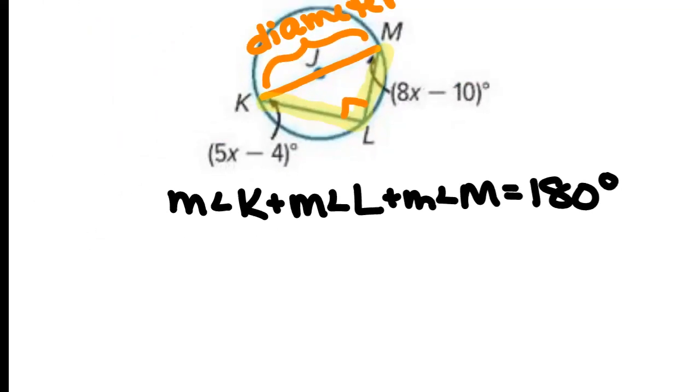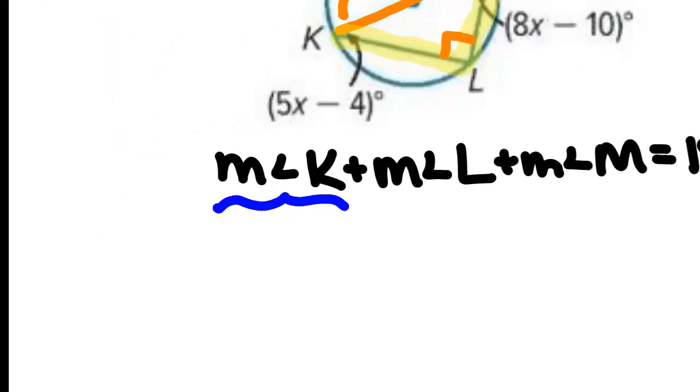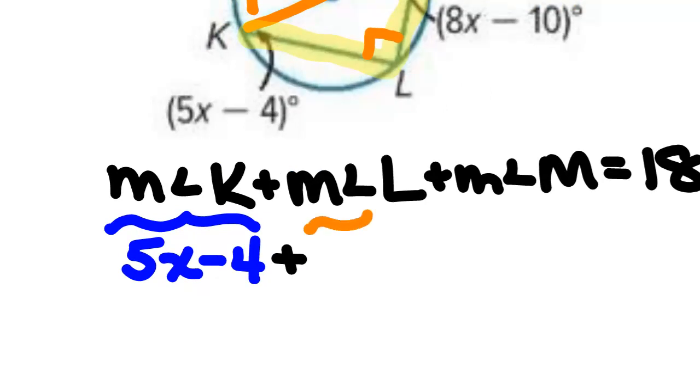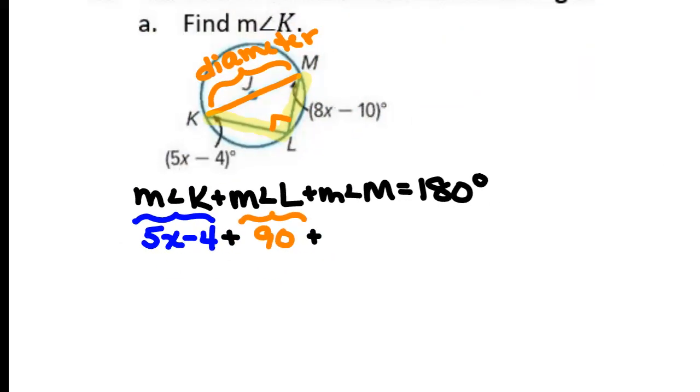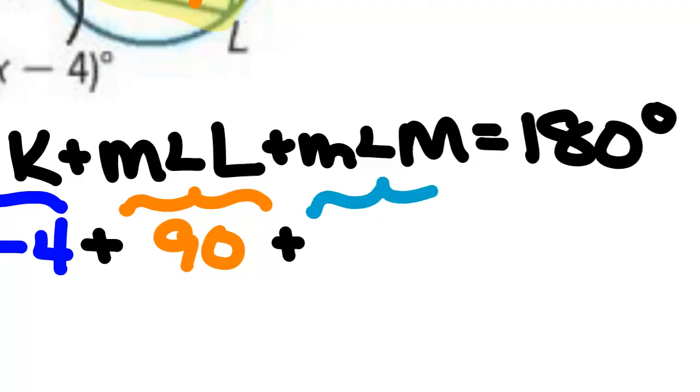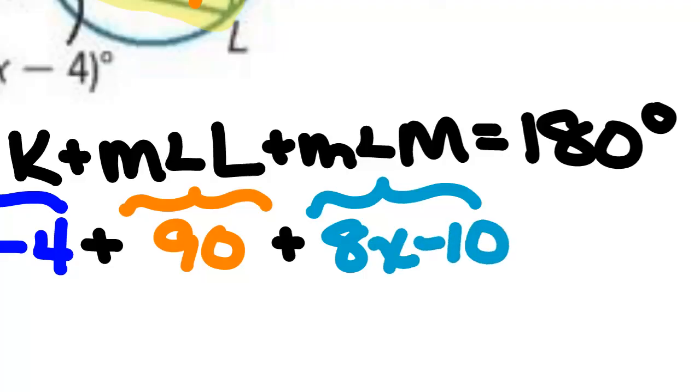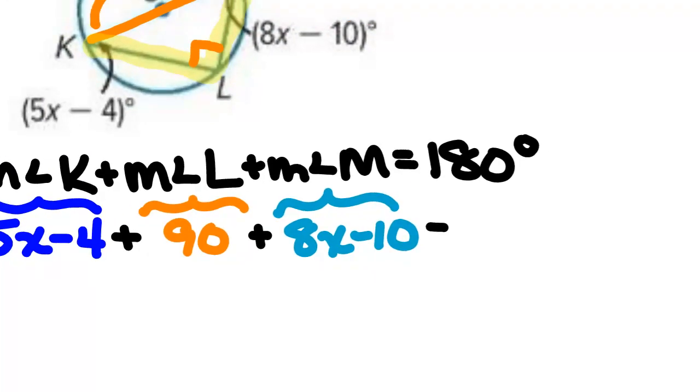Angle K is 5x minus 4. Angle L is 90. And angle M is 8x minus 10. Combine all those together and we get 180.